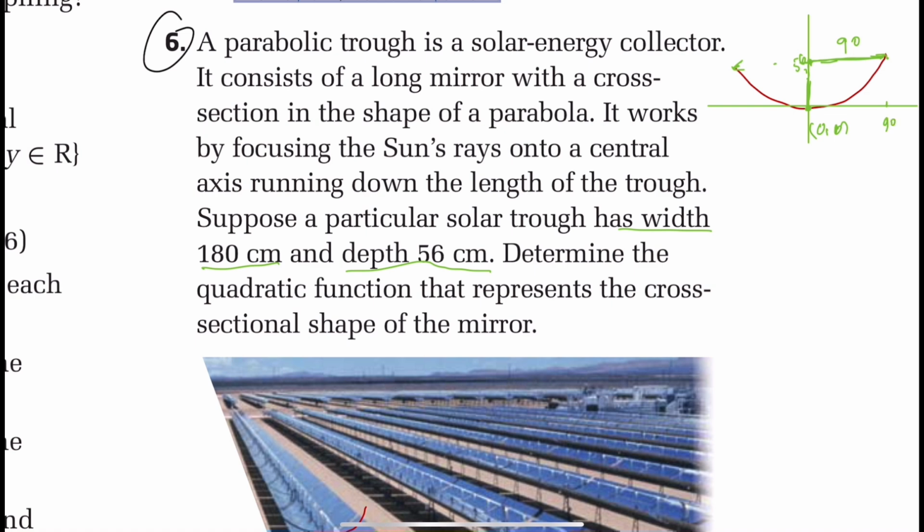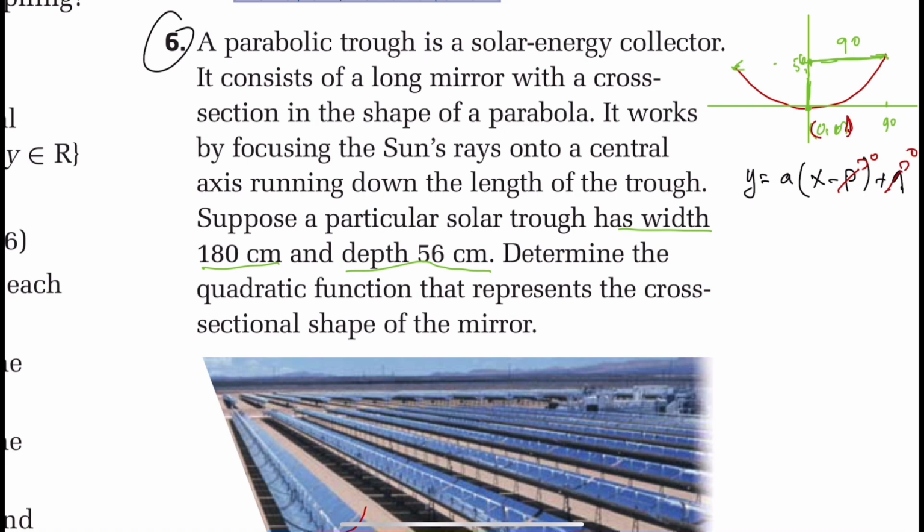Perfect. So my equation will be of the form y is equal to a times (x minus p) squared plus q. This is the general form of my vertex equation, but I know p and q are 0 because I chose them to be 0.